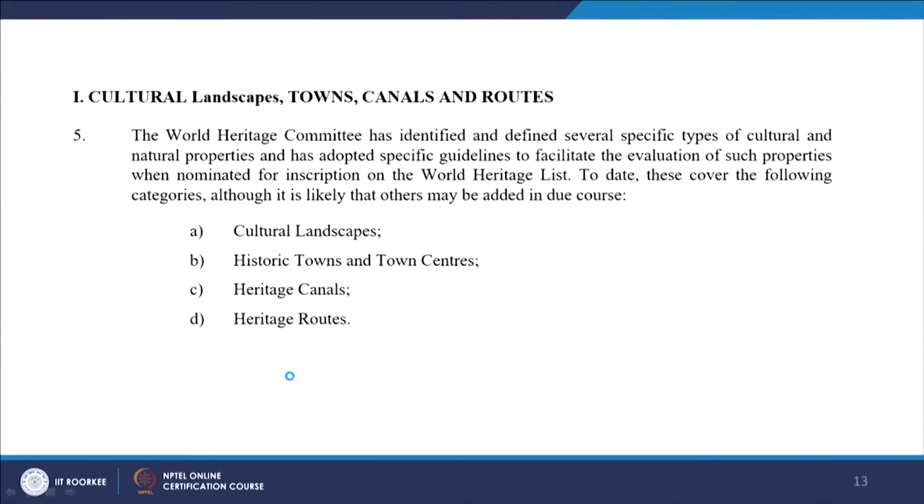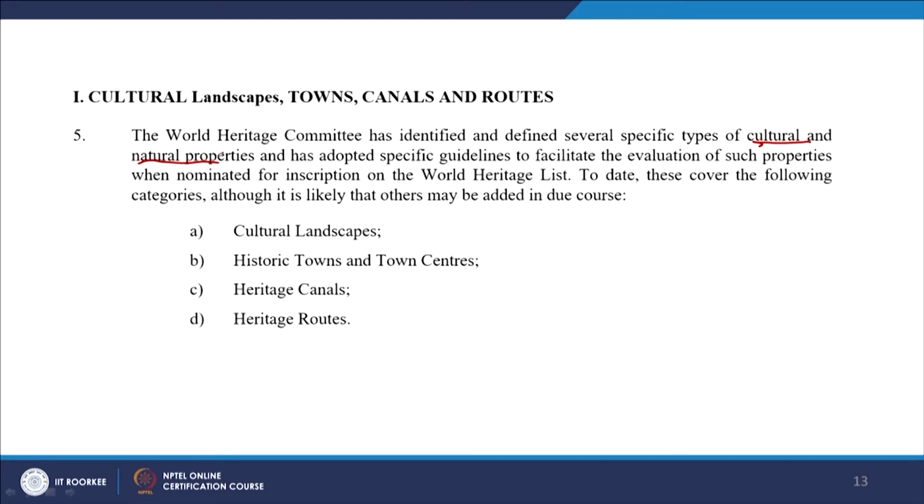The World Heritage Committee has identified and defined several specific types of cultural and natural properties, and has adopted certain guidelines to facilitate how to evaluate them.